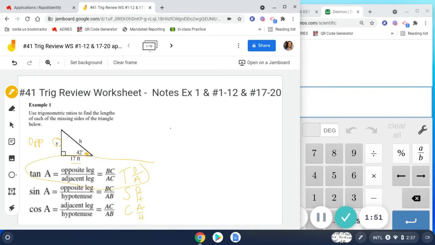This first one to solve for y is going to be a TOA, a tangent, because we're using the opposite and given the adjacent of 17. So let's solve the y first by using the tangent.